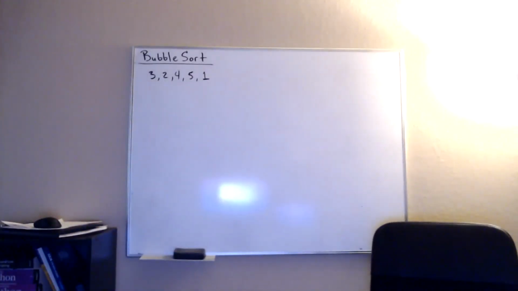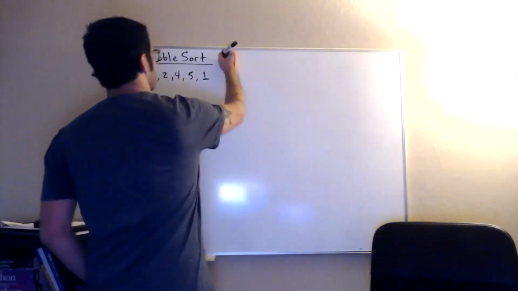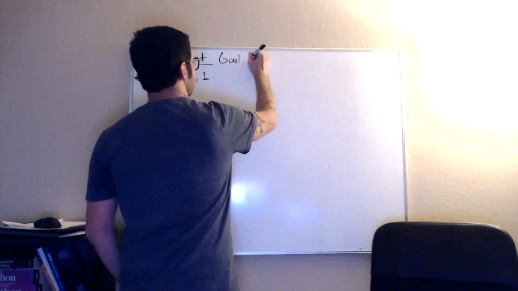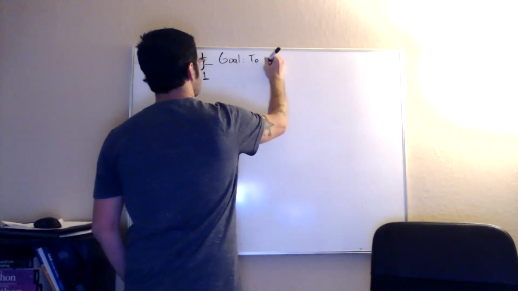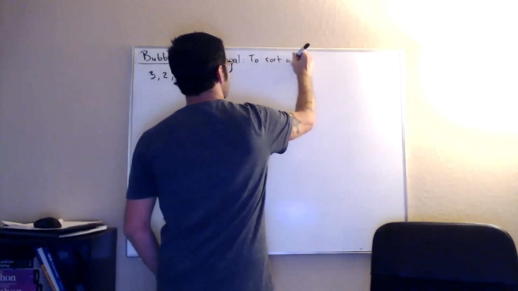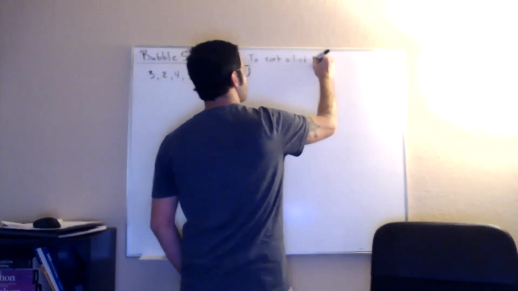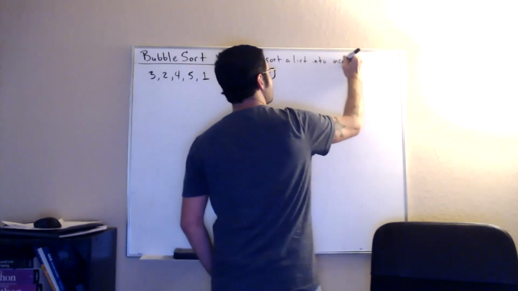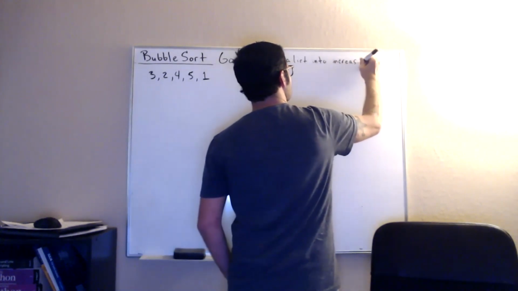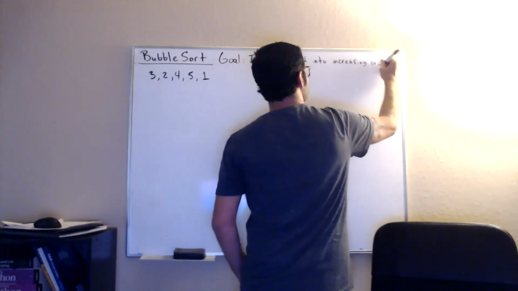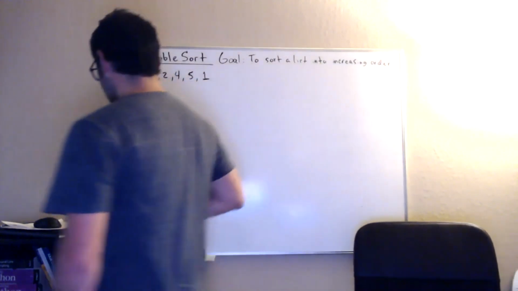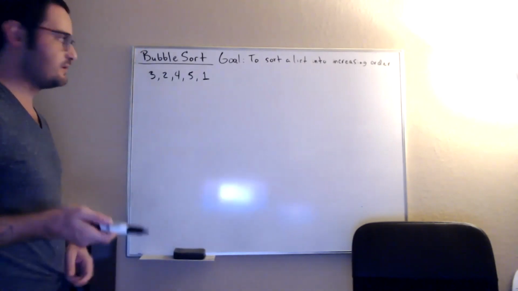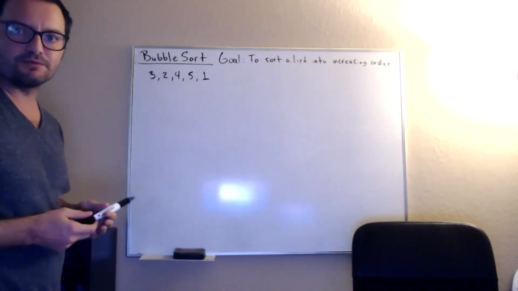Okay, so our goal is to sort a list into increasing order. All right. So we're going to need a nested for loop, but I'm just going to walk through it first, and we'll try to piece together what the pseudo code looks like.